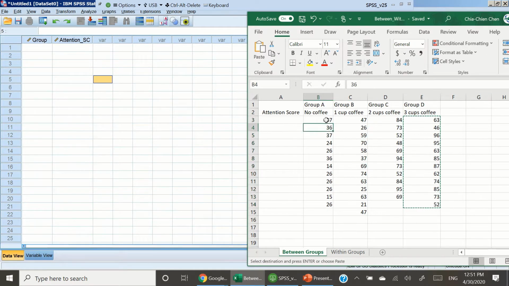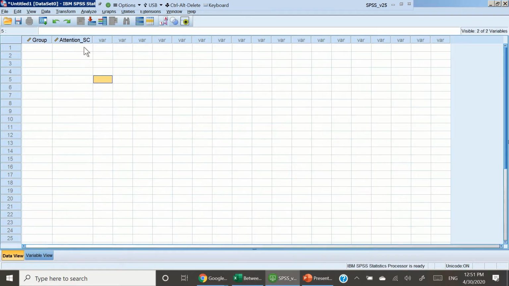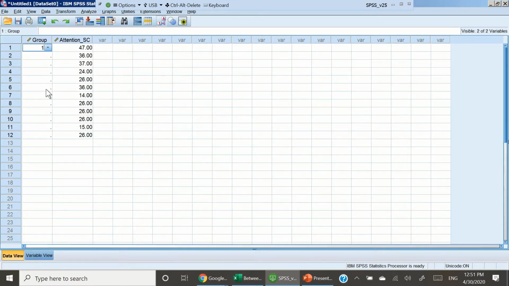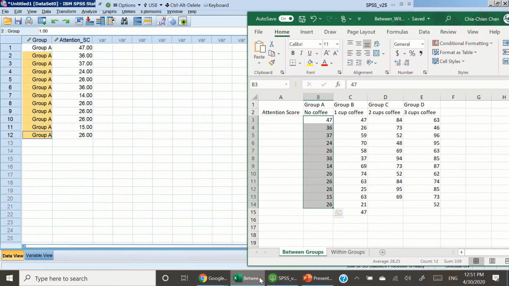Okay, but anyway, you can go back to this, and what you need to do is copy and paste these data. That's group A, so we're copying group A right now. Here you just need to say that this is group A. Copy this down, and then go back to our Excel.